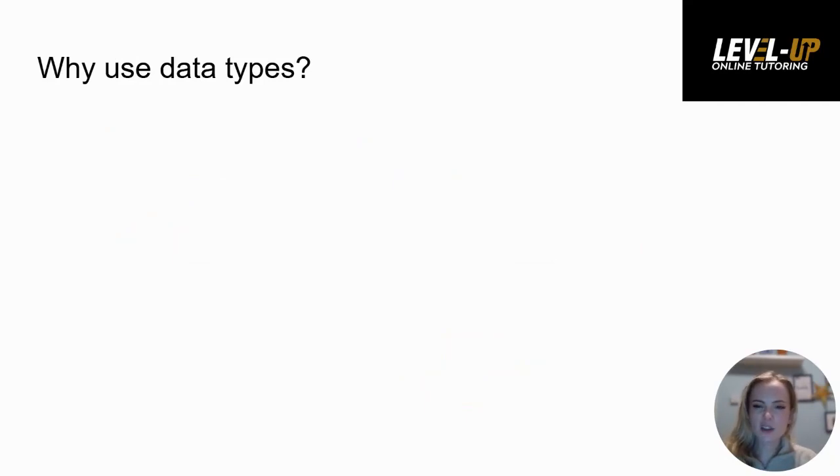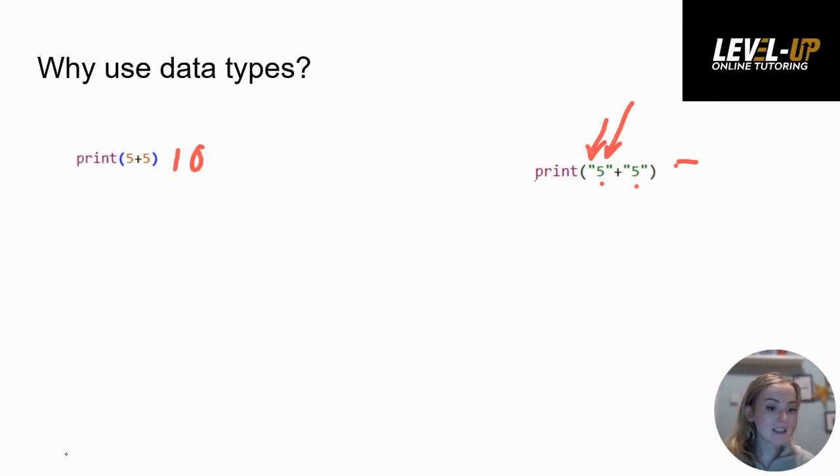Well, I've touched on this a little bit, but we need to be explicit with what we want to do with the data that we're using. So, for example, if I ran this in Python, this is going to output 10. These are still both using the number 5, but because I have quotation marks around that character, or the number 5, it means the program is going to be looking at it as a character.